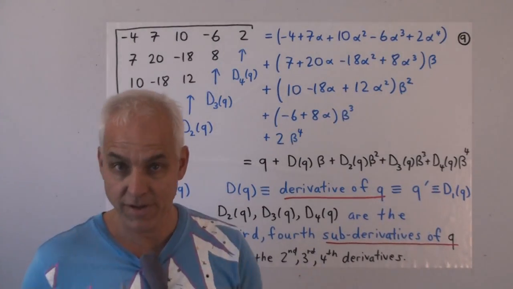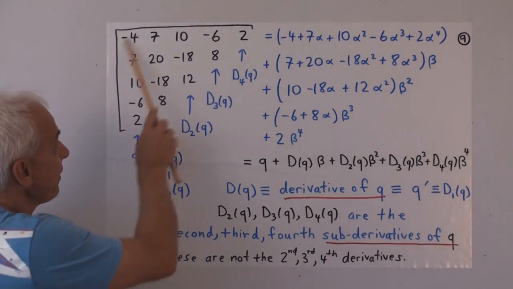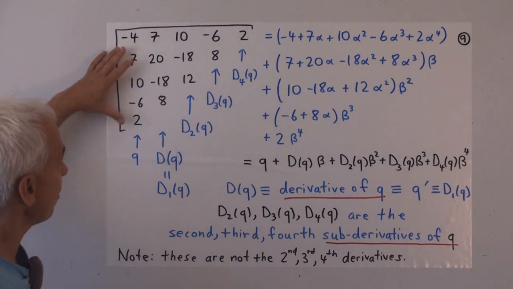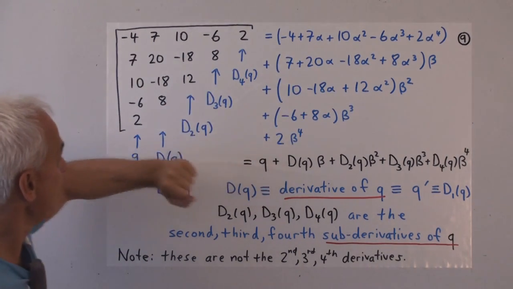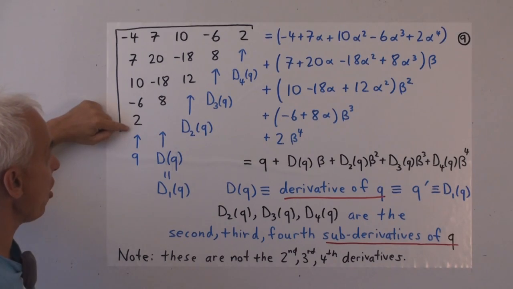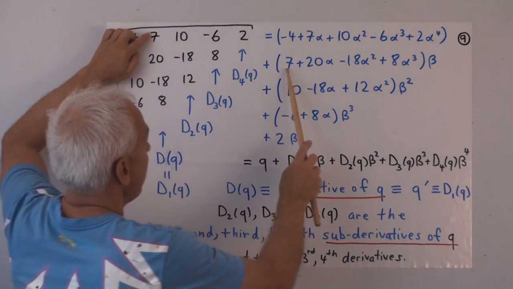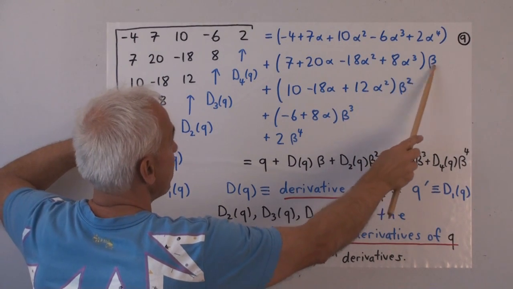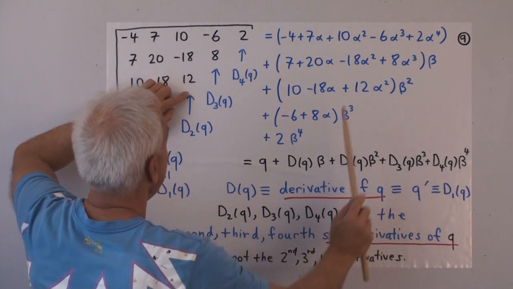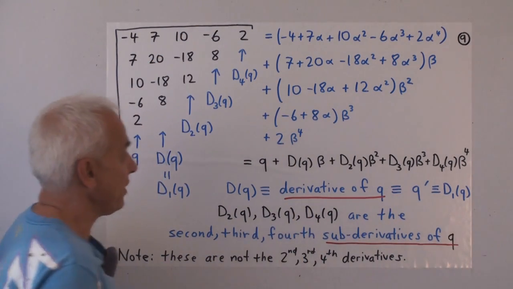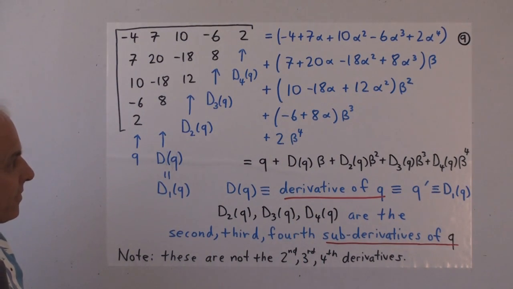So let's have another look at this Taylor polynumber. There it is there again. I've just rewritten it. And now I'm going to write it out again, but reading essentially down the columns first. So there's the original polynumber Q, and there's the next column times beta, next column with a beta squared, next column with a beta cubed, and a beta to the fourth.